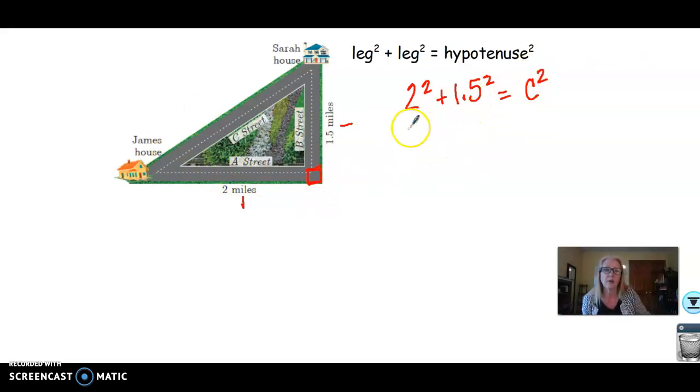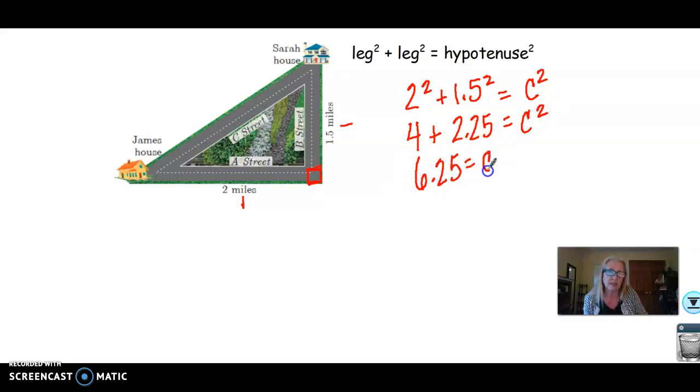Well, 2 squared is 4. 1.5 squared, I went ahead and did that in advance. It's 2.25. When we add these two together, we get 6.25 equals c squared. Our last step is always to take the square root of both sides.